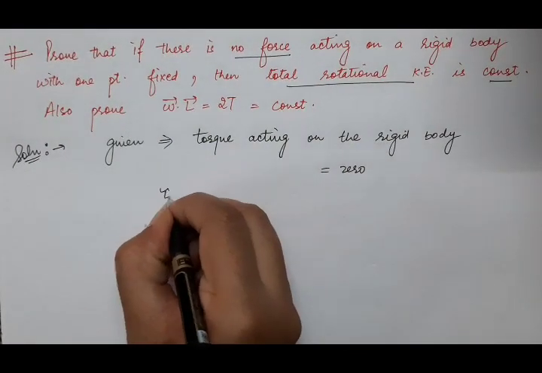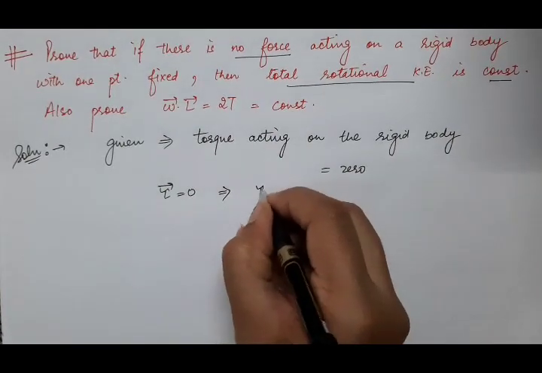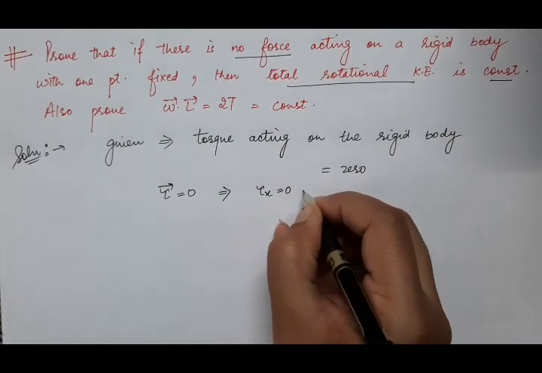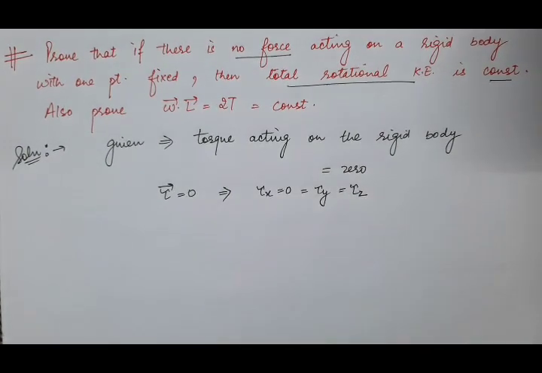So if tau vector is equal to 0, this implies its components tau x will be 0, tau y will be 0 and tau z will be 0. So put tau x, tau y, tau z equals to 0 in the three Euler's equations of motion.